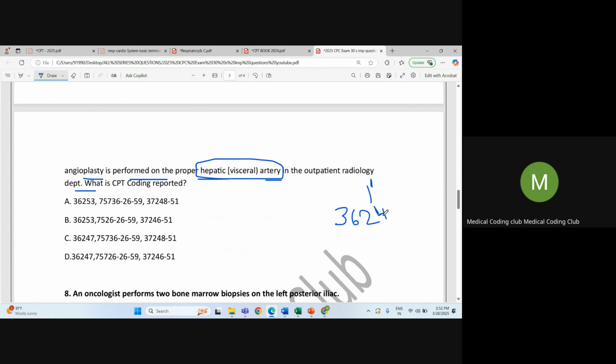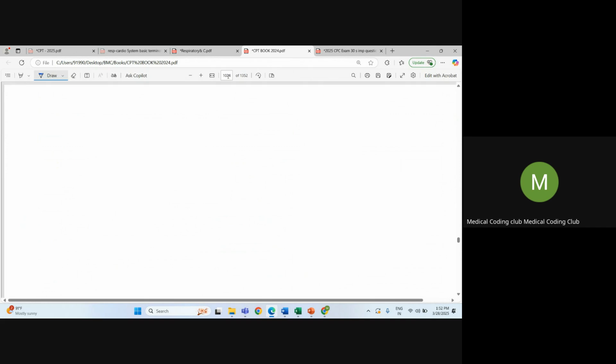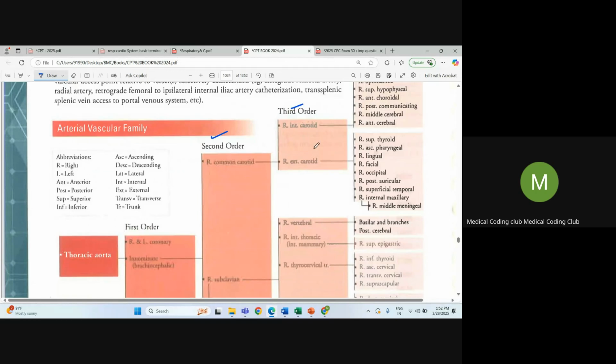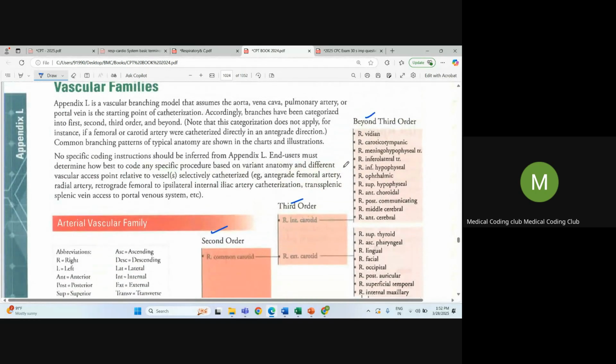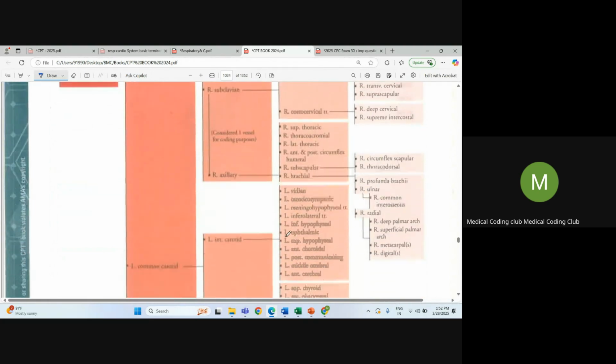Then the fifth digit is based on the order entry site, in that vascular family. In the vascular family, you will check the order: the particular artery falls in which order, and according to the order you will put the order number.